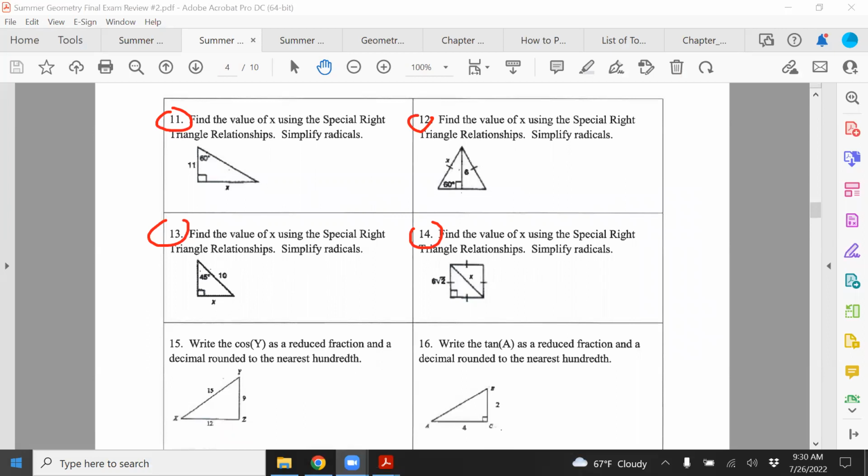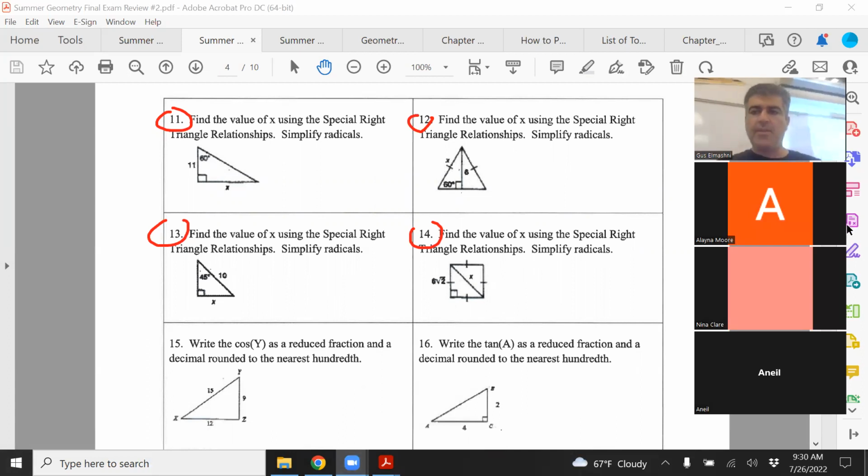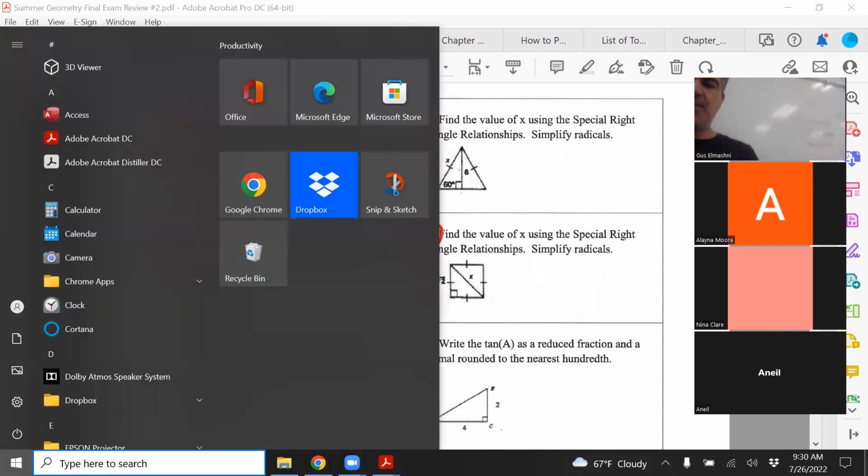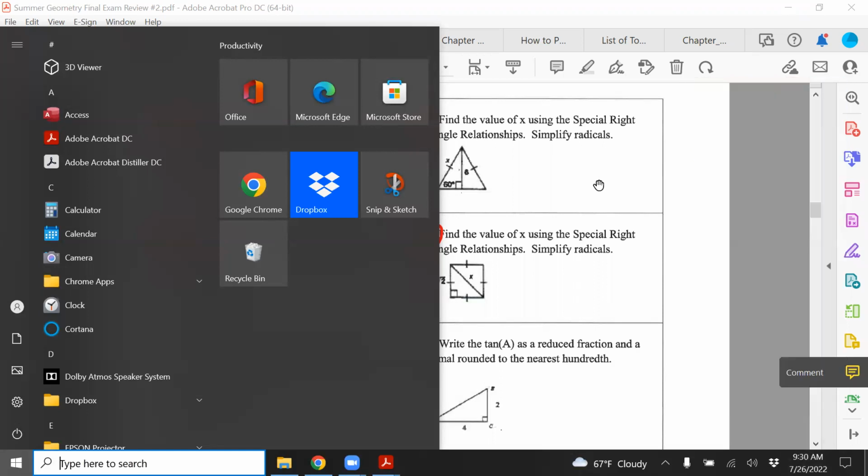And for those who are zooming at home, I'm not sure if you can see the board, great. I'll make sure you guys have access to that list also. Okay. Let's keep on moving. All right, special right triangles. What's the story with that?